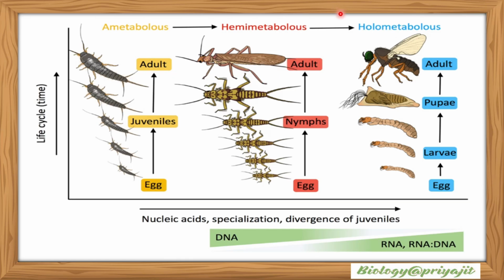In holometabolous insects, on the right, the life cycle includes egg, larva, pupa, and adult stage, with larvae looking very different from adults and undergoing complete transformation during the pupal stage. The bottom arrow indicates that developmental complexity increases from ametabolous to hemimetabolous to holometabolous.